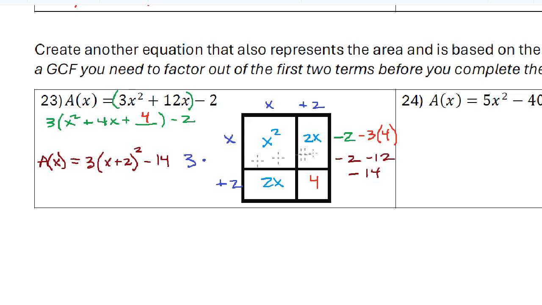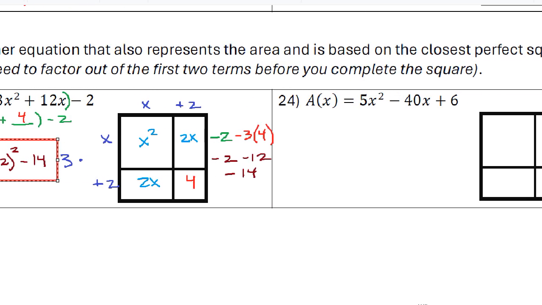And then we got to deal with this minus 2, which was over here. And then we realized we didn't add 4. We added 3 times 4. So there is your leftover number that you put right there. I'll put that in a box. There we go. All right, let's do the next one.